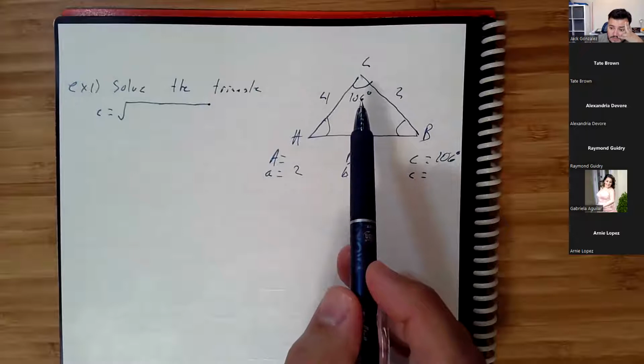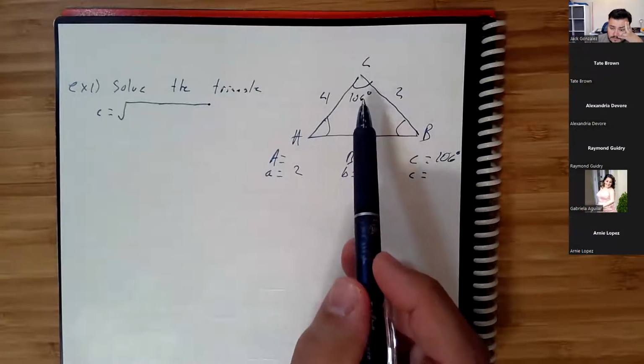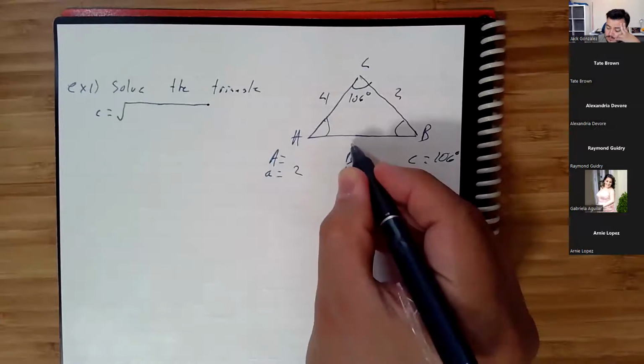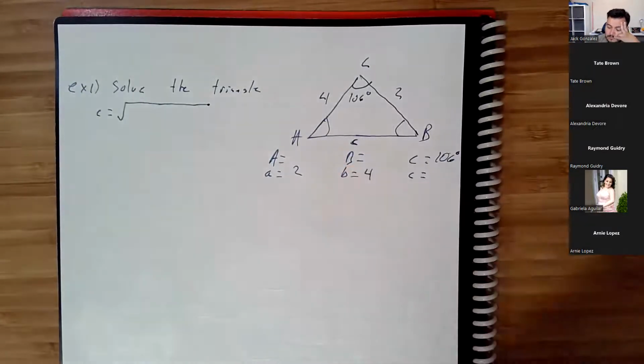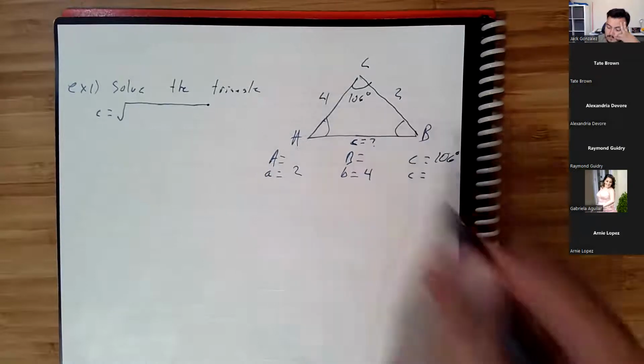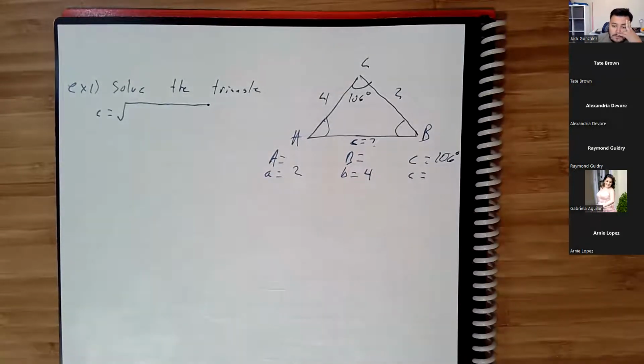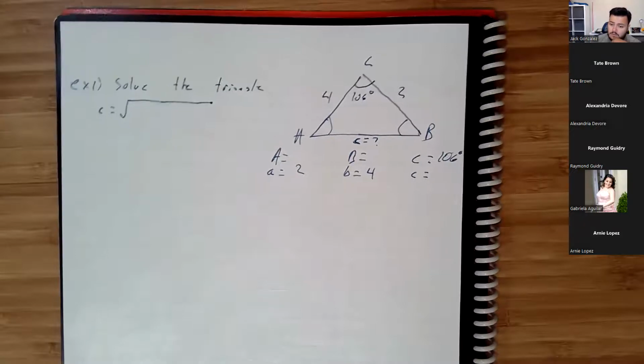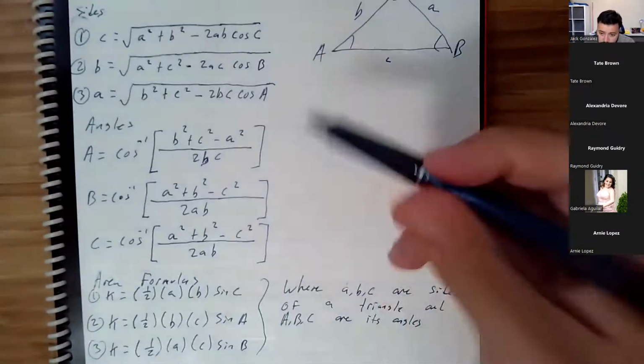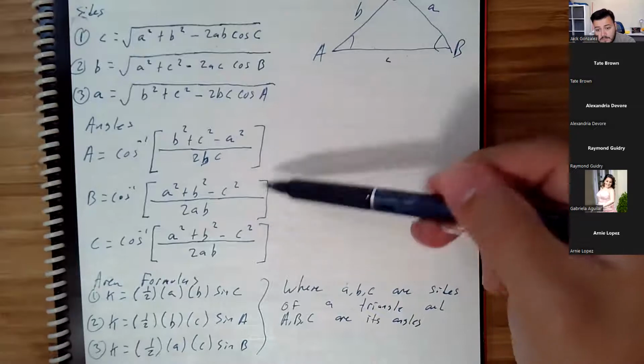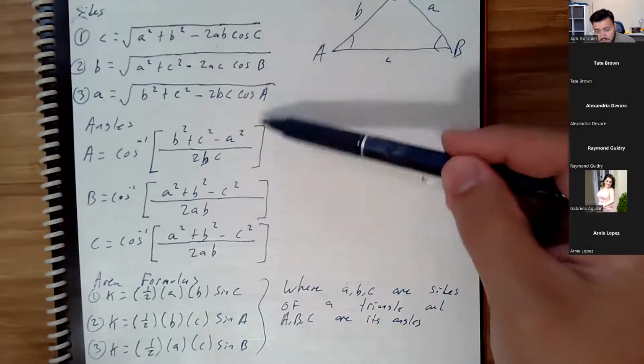I don't have any sides that are opposite to this angle, right? Little c is missing. So that's the first thing we're going to find, because I can't find any of the angles without having all 3 sides. So you should always try to find the sides first, okay?